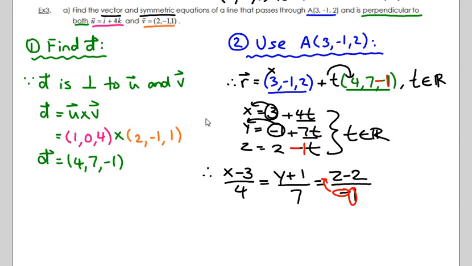Like if I ever had to rewrite this into a vector form instead of a symmetric form, I could then easily see the negative 1 in my direction vector. Okay, so please make sure that your x, y, and z are always positive. And if they're not, try to rearrange things so that they are.